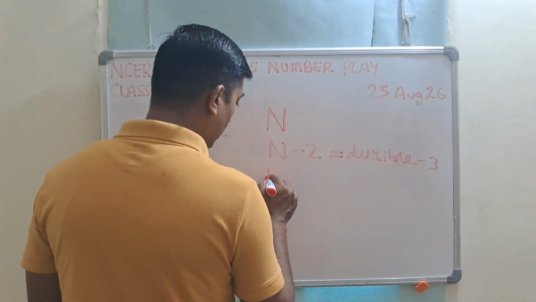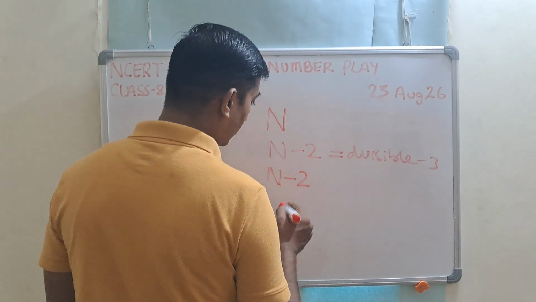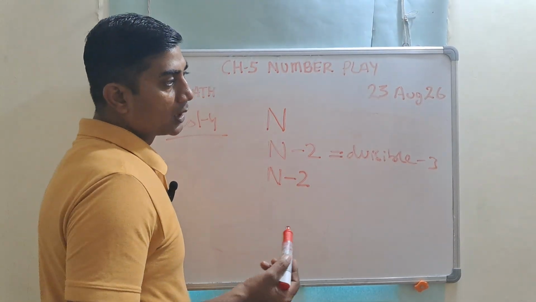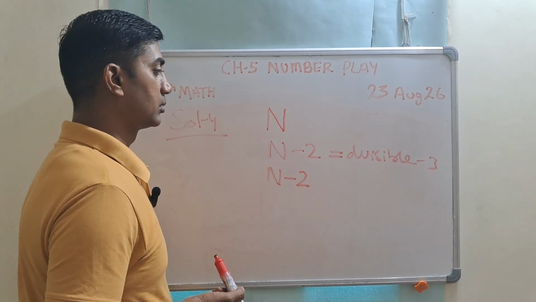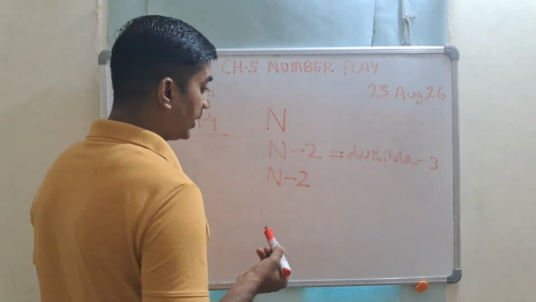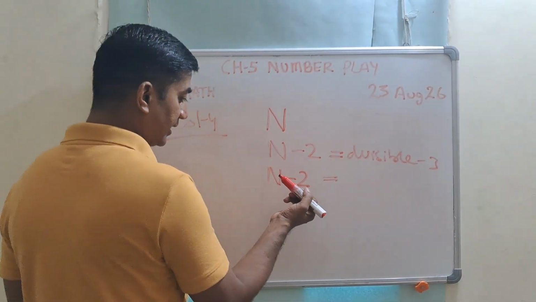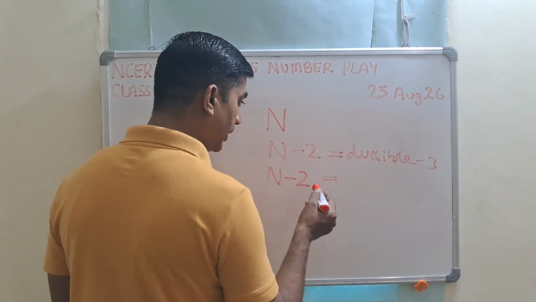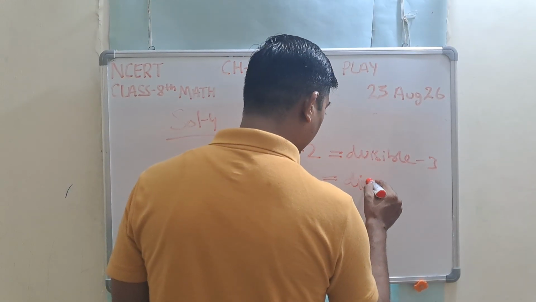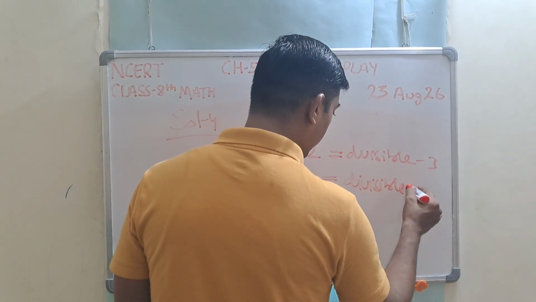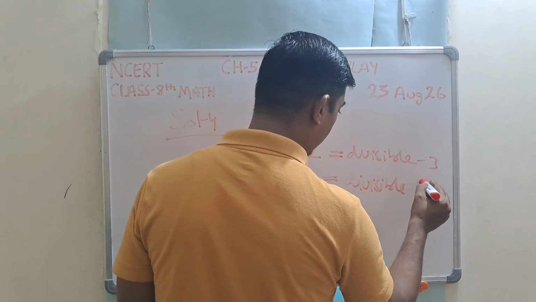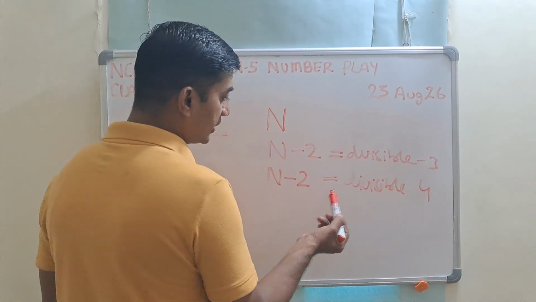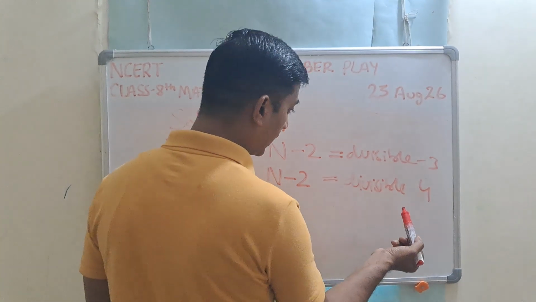Also, when we divide it by 4, that number gives remainder 2, so n minus 2 will be divisible by 4. Understood? Now we want n minus 2 which is divisible by 3 and by 4.